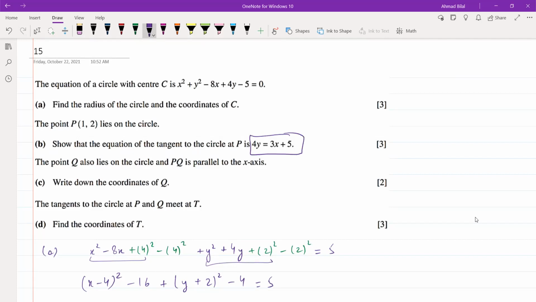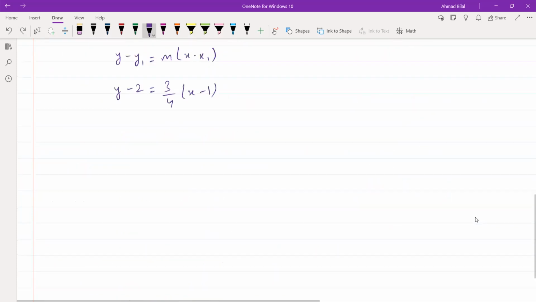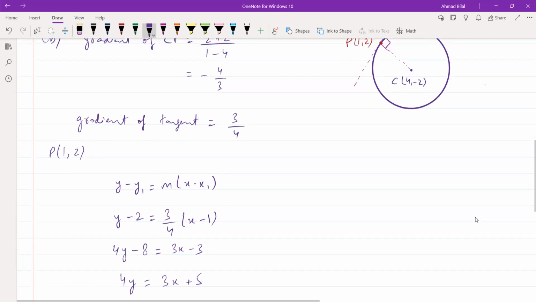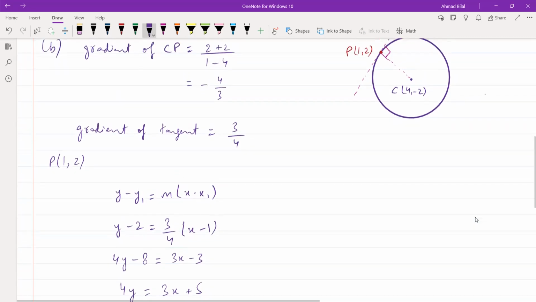We have to convert it to this form, right? 4y should be on the left, everything else on the right. So what we can do is multiply this 4 on the other side. It becomes 4y minus 8 equals 3x minus 3. Let's take that 8 from the left to the right now. You've got 4y equals 3x plus 5. And that's what you have to show. 4y equals 3x plus 5. That is the equation of the tangent at the point P. Right? Any issues with this?